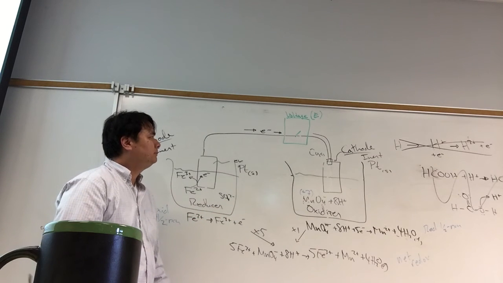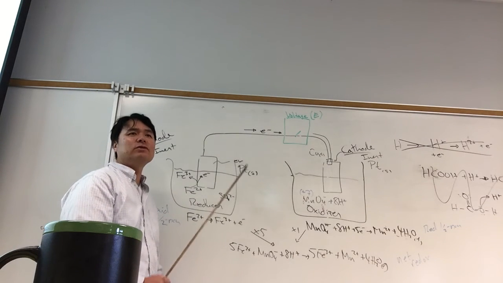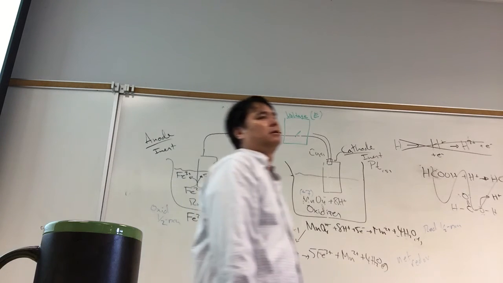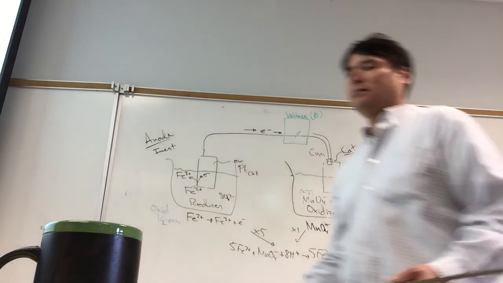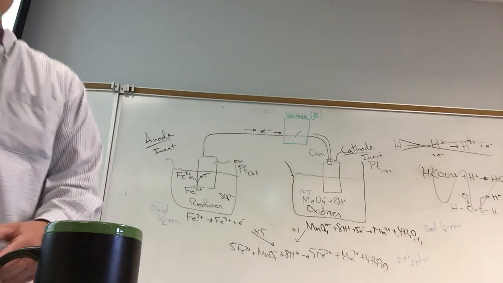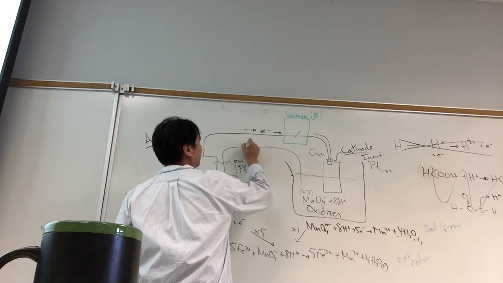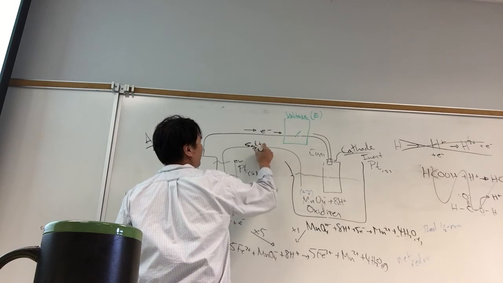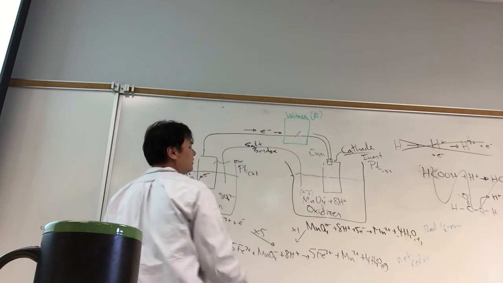Now, are we going to get a voltage? Right now, we're just going to get 0 volts. How come? Yeah, we're missing a salt bridge. We need that salt bridge here. So we put a salt bridge in here, and then we get a voltage. The salt bridge is going to consist of inert salt.